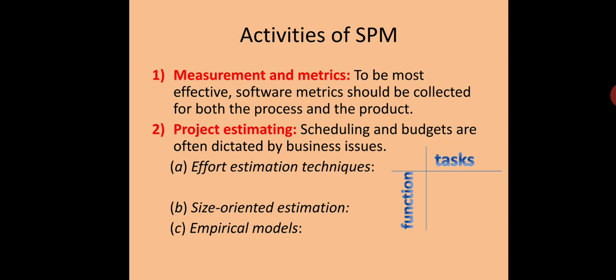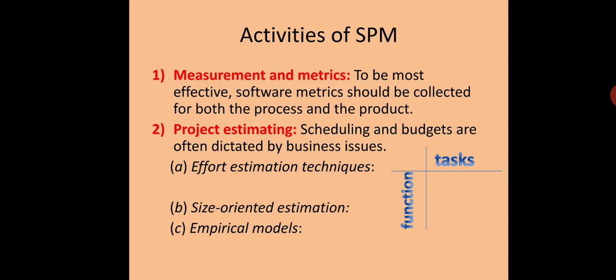So how to actually get the size of each function is you can use something called lines of code. Lines of code is basically how many lines you require to code the given function. It can take 500 lines of code, maybe 1000 lines or more than that. That depends on each function.